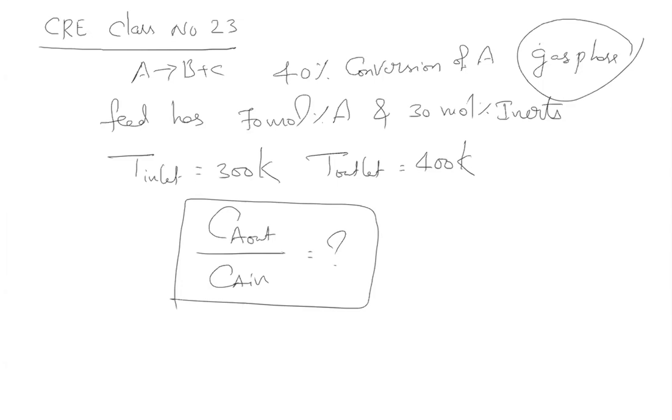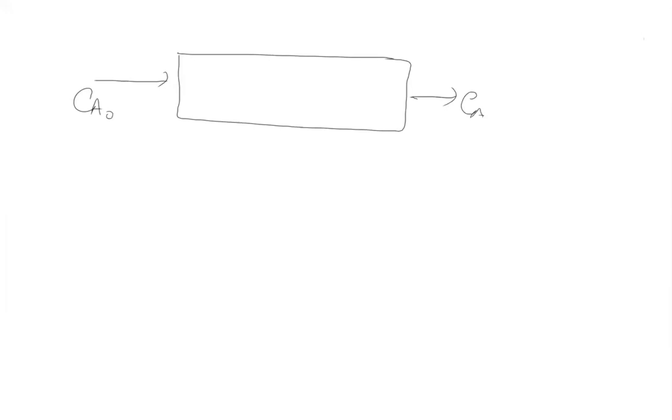So what is the ratio of CA to CA naught? Suppose you have a PFR, with concentration CA naught going in and concentration CA coming out. CA to CA naught is (1 minus XA) by (1 plus epsilon A XA). This is the ratio, no?